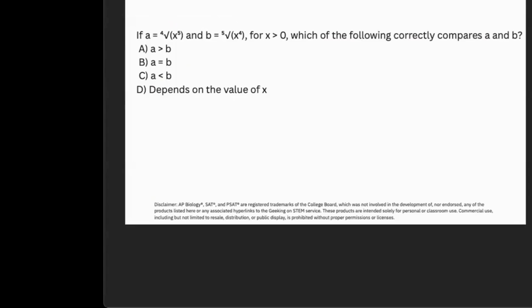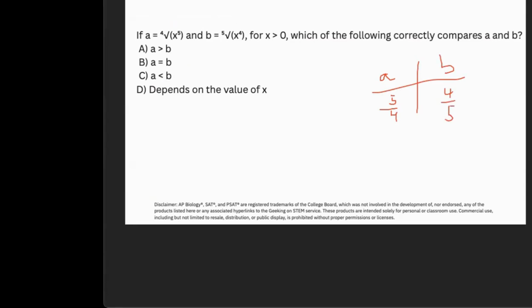Going back to our problem, and remember, in this problem, I went ahead and set up the table, A versus B. And for A, it was 5 over 4, and for B, it was 4 over 5.